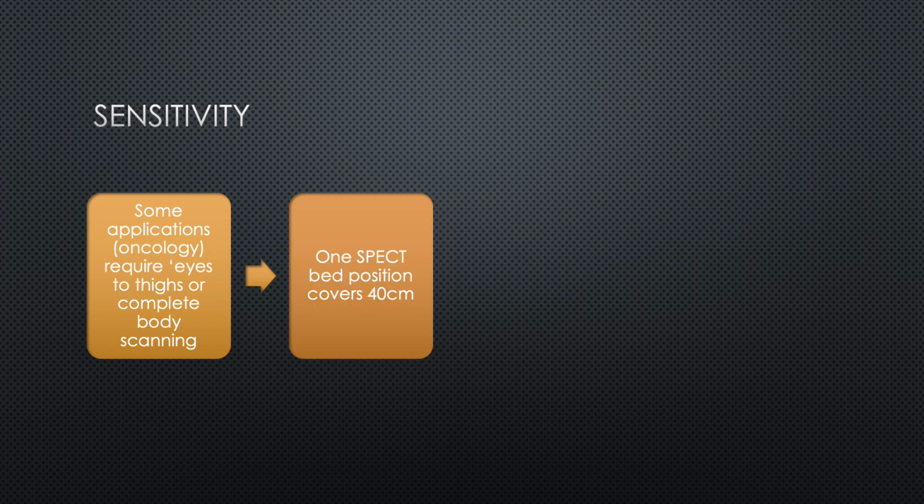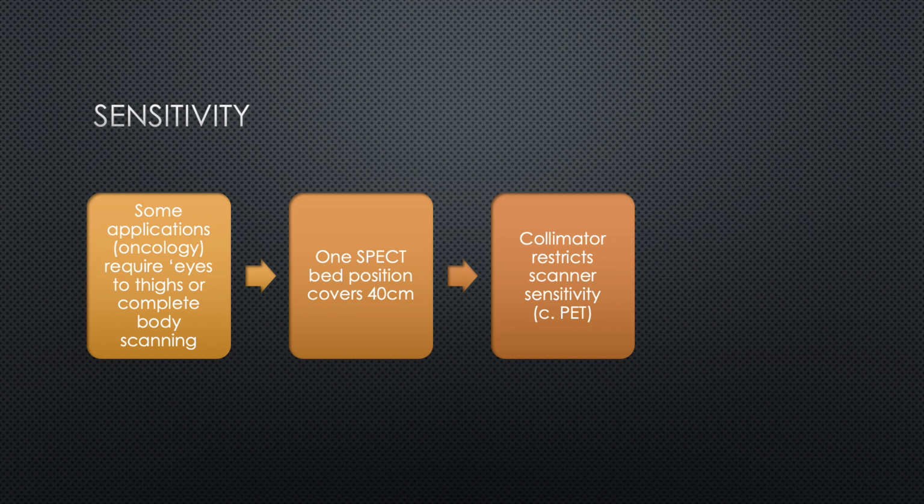But in SPECT, one bed position covers 40 centimeters. So we're going to need to do multiple bed positions to get those eyes to thighs images or to do a total body scan. The challenge comes in that in SPECT we have this collimator which massively restricts the sensitivity of our scanner compared to PET.